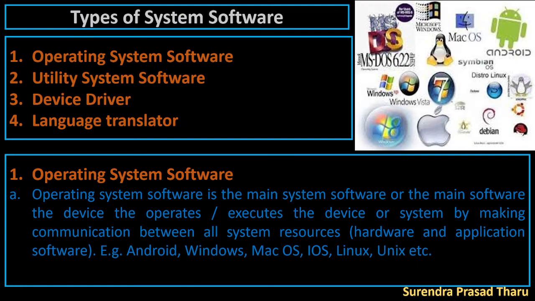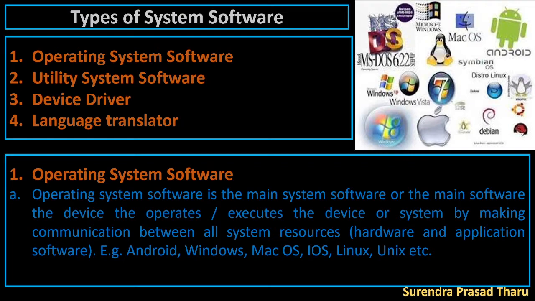Here we can find some other types of system software, like utility system software, device driver, and language translator. All of these are included in the operating system, to some extent. Utility system is already there in operating systems, device driver also, language translator too. They are integrated in operating system software.